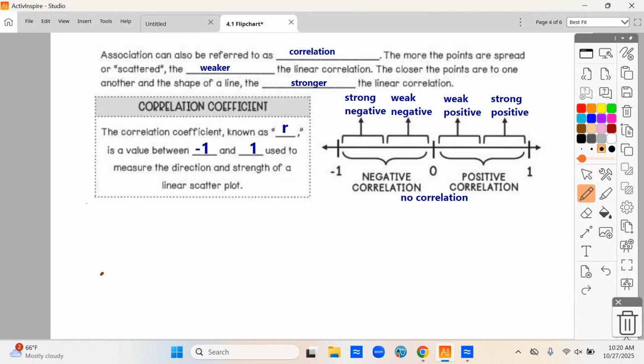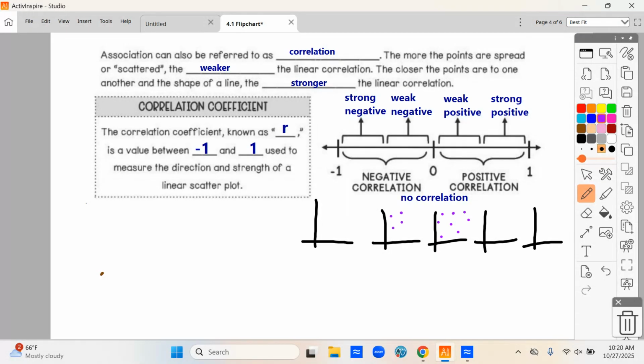So if I were to look at this with an actual table, and you can include these tables here, I'm just going to do a little example here, and then we'll look at some more examples. My no correlation is just a mess, right? It's not going up, it's not going down, they're just scattered everywhere. So that means that my weak negative is pretty scattered, but there's somewhat of a trend going down. And my weak positive is really scattered, but somewhat of a trend going up. Okay?